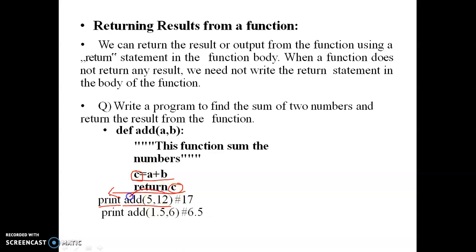So in place of this add call, the value returned from the function is printed, that is the C value, 17. So it prints the value 17 in the output. In the same way here also, 1.56. It sends the values, performs the addition, and the result is printed in place of this add function.